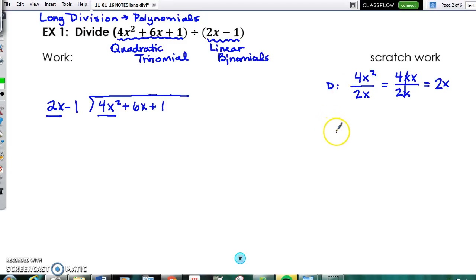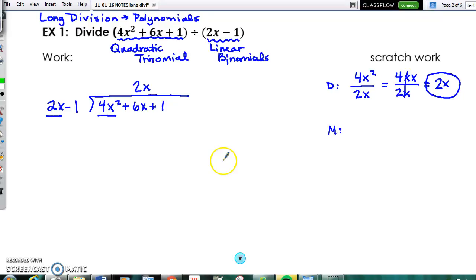And just like yesterday with plain old long division with numbers, now, first of all, what we just divided and got the answer, that's going to go on the top. And we're going to line them up. It doesn't matter, but it's helpful if you line them up. This is a plain old x. I'm going to put it above the plain old x term here, the linear term. So 2x.